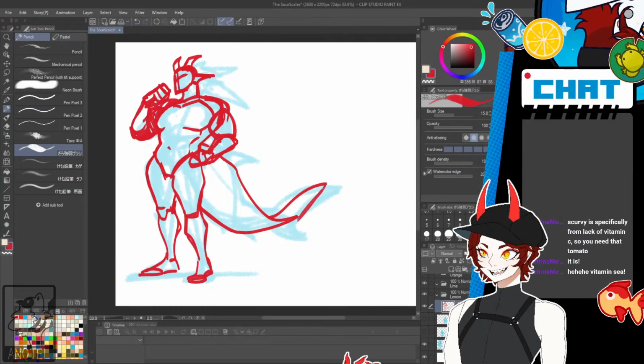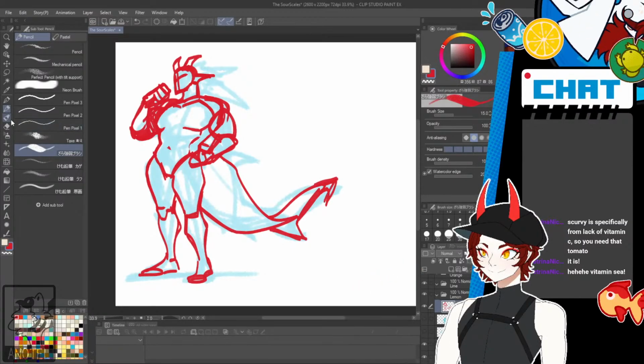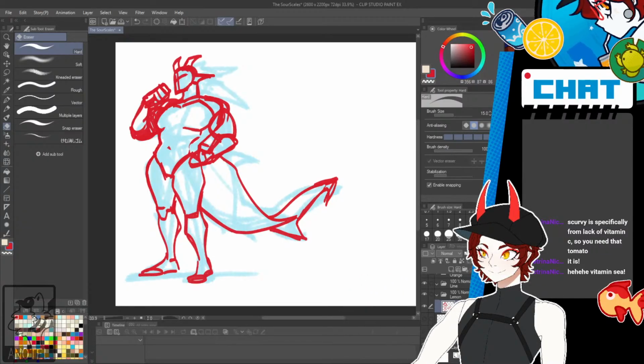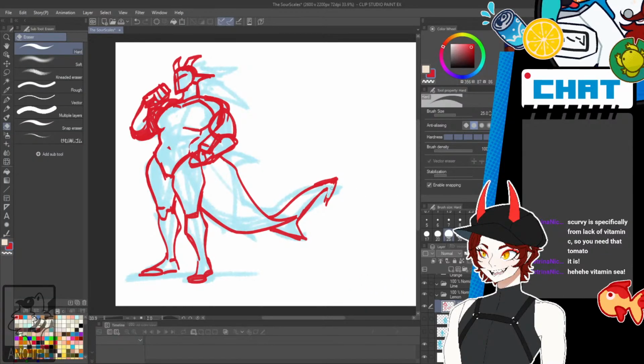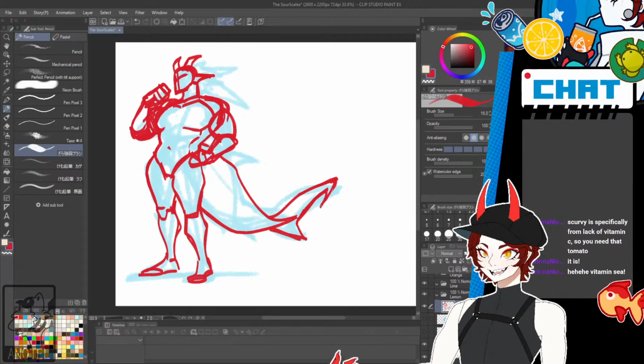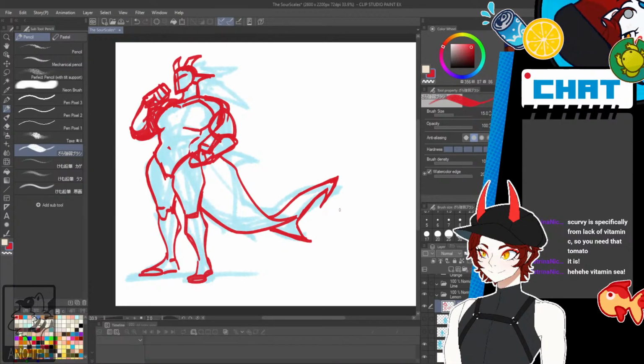So it's like big triangle, little triangle, and then you got the hook thing going on. Now I really want to turn that tail into this person's weapon. As in, make the weapon shaped like this kind of tail. I think it'd be neat.